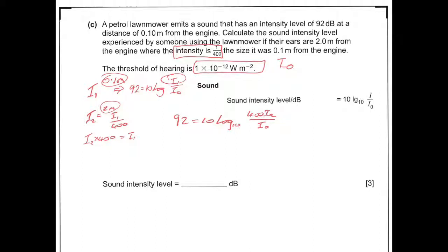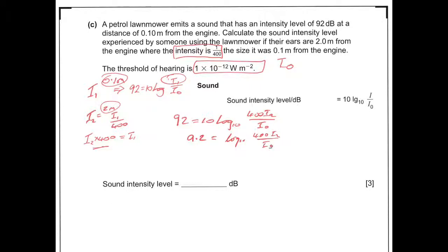So we've just taken the original I1 and put in what it's equal to in terms of the second intensity. So dividing both sides by 10, we get that 9.2 is the log base 10 of 400 I2 over I0.